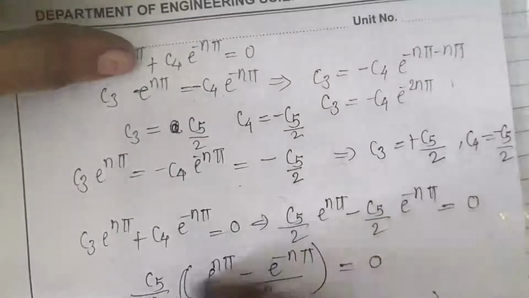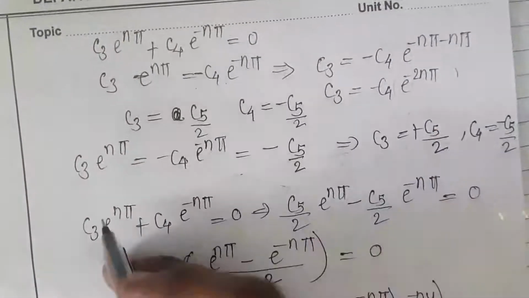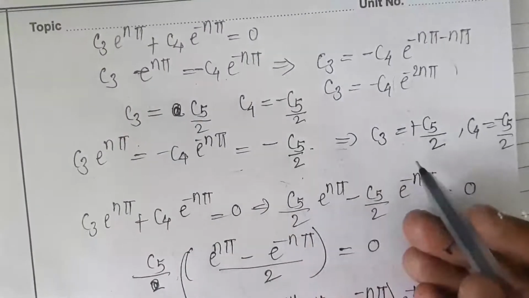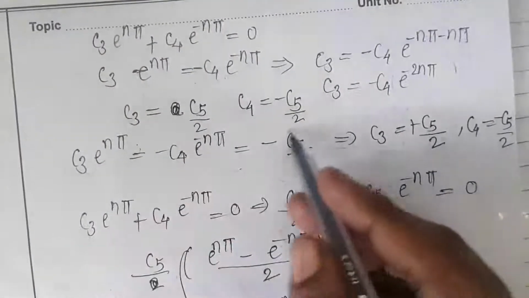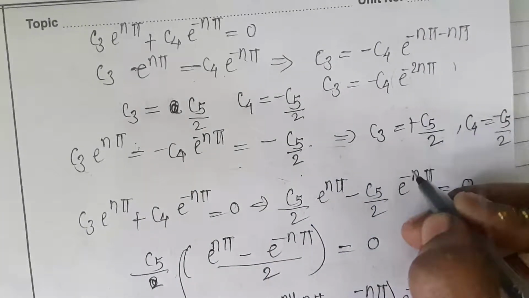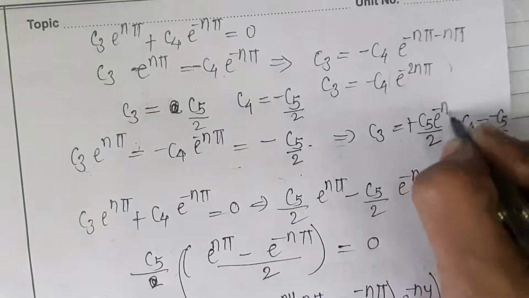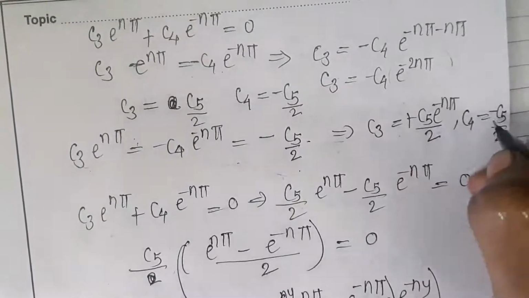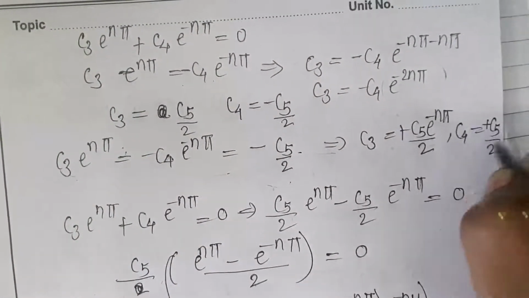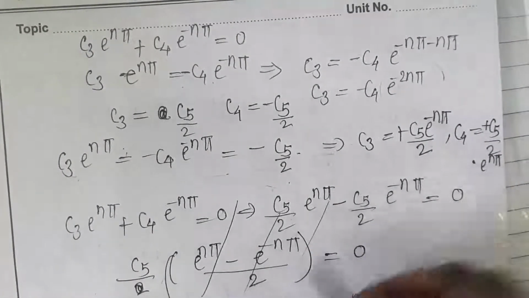See here, this is C3 is equal to something. See, C3 into e to the power n pi is equal to minus C5 by 2. If we equate, we get C3 is equal to minus C5 by 2 multiplied by e to the power minus n pi, and C4 is C5 by 2 into e to the power n pi. So this is the solution, no need to solve this.